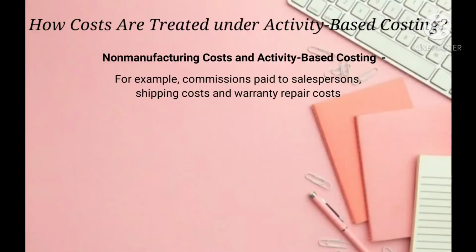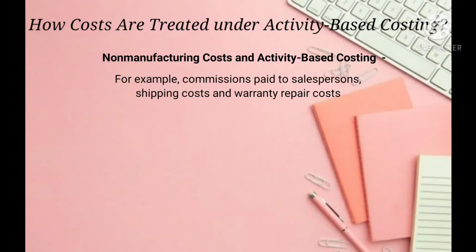How are costs treated under activity-based costing? Non-manufacturing cost and activity-based costing. In traditional cost accounting, only manufacturing costs are assigned to products. Selling and administrative expenses are treated as period expenses and are not assigned to products.